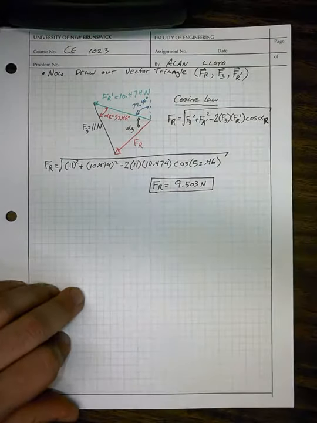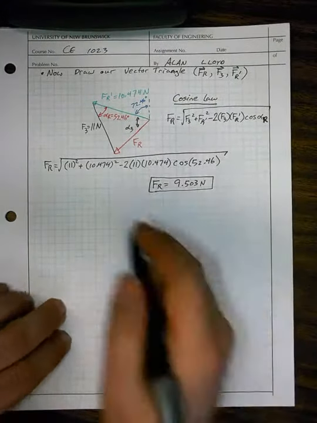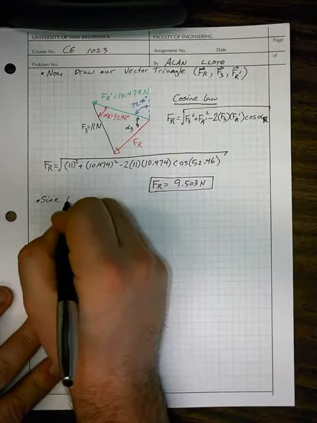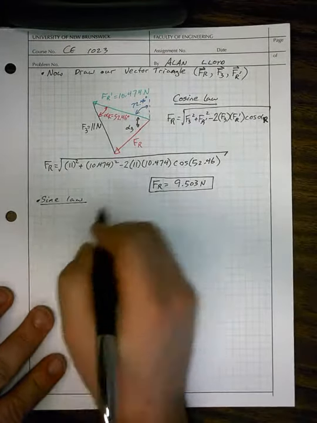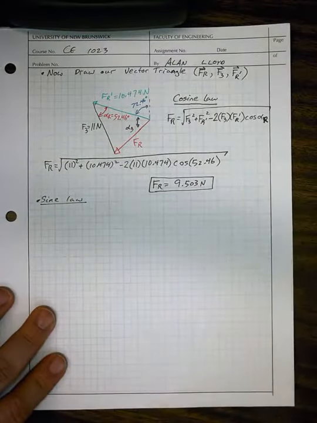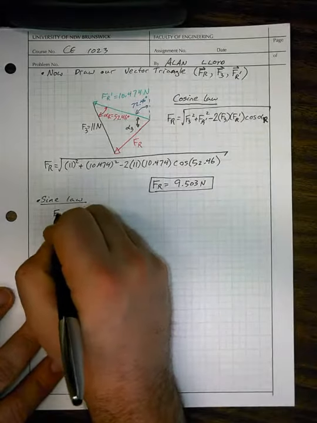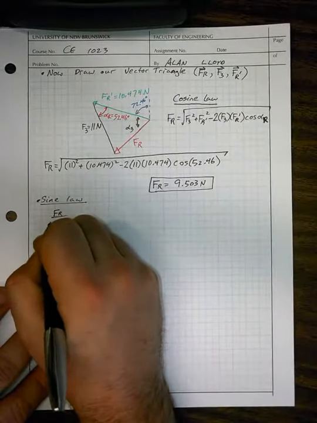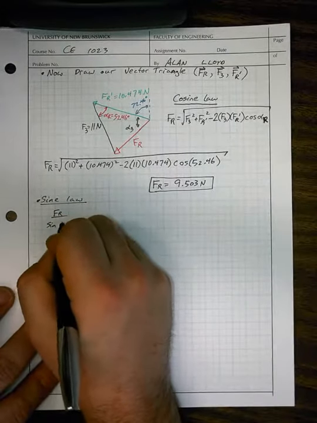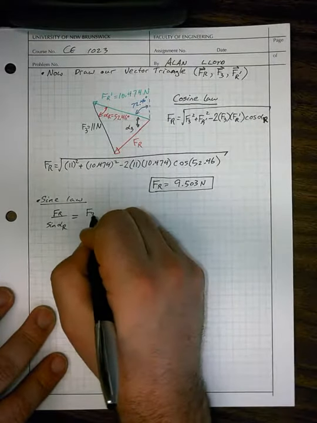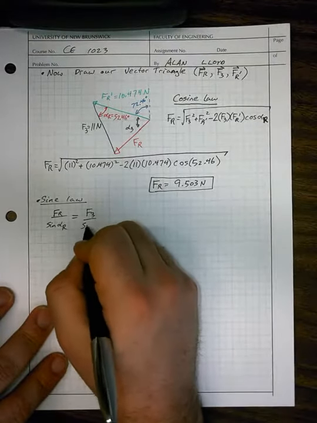So let's do that. And to do that, we'll employ our sine law. So we can say that, once again, the ratios of sides, so FR over the sine of its angle is equal to F3 over the sine of its angle.